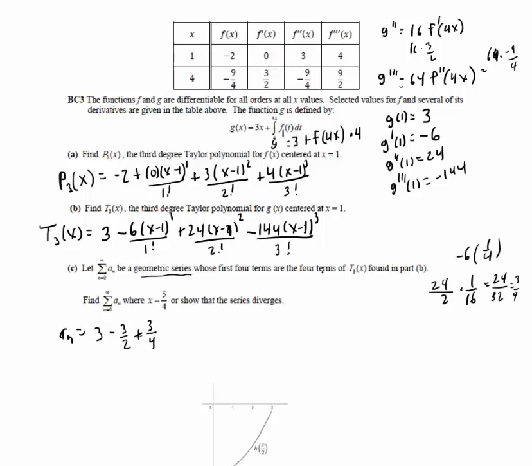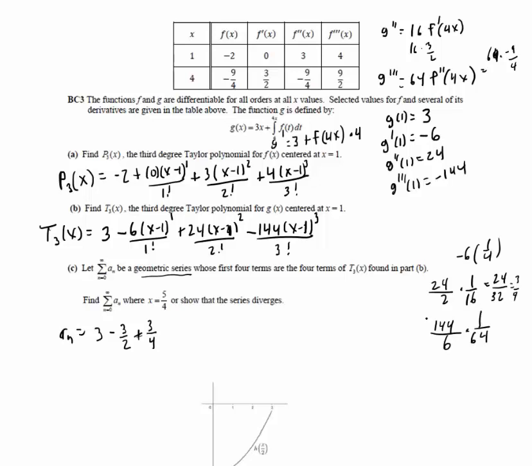All right, for the last one, plug in 5/4 minus 1 is 1/4. 1/4 to the third power is 1 over 64. So I have 144 over 3 factorial, which is 6, and then times 1 over 64. So I have to do some math here.